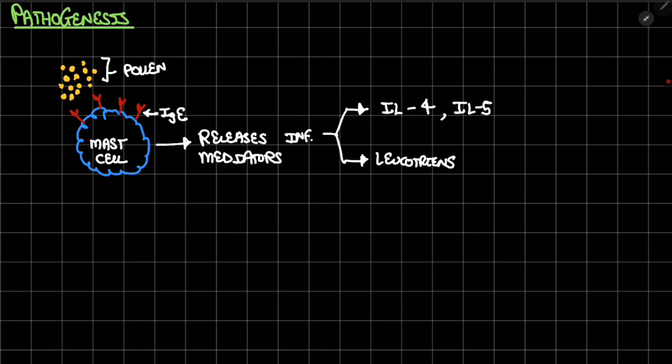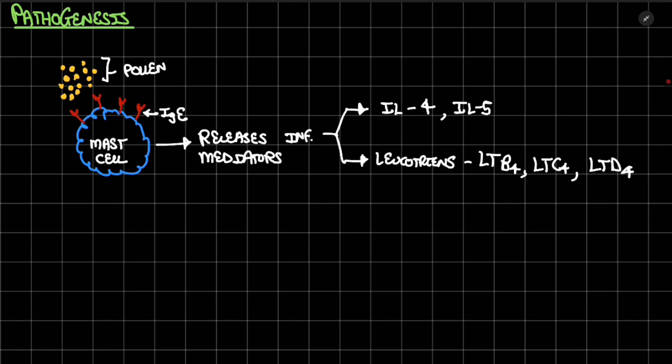Which leukotrienes? LTB4, LTC4, LTD4. These are the leukotrienes, and the interleukins are interleukin 5 and interleukin 4.